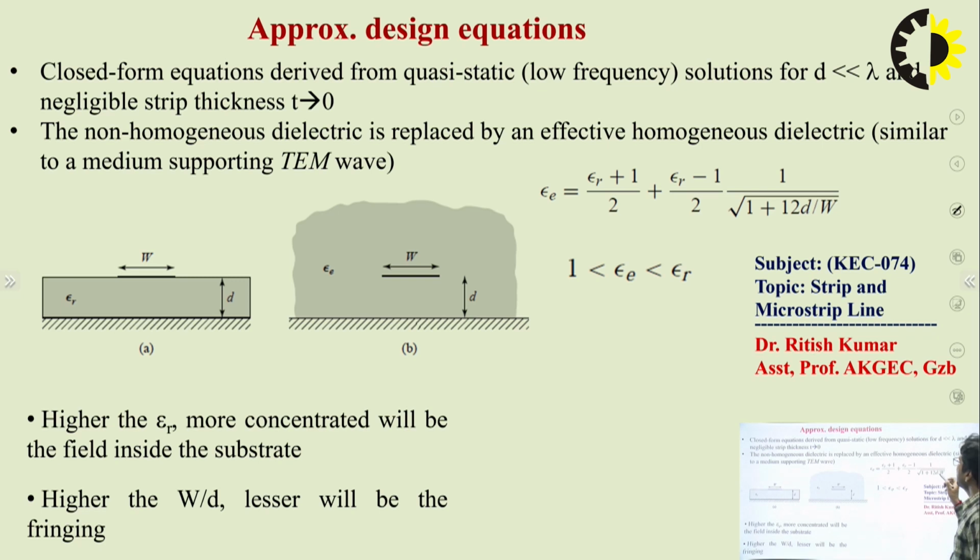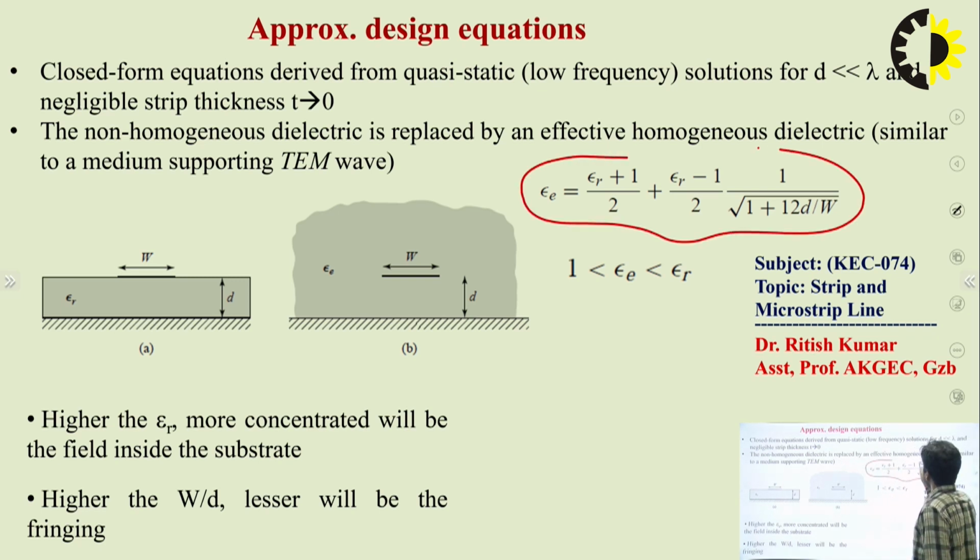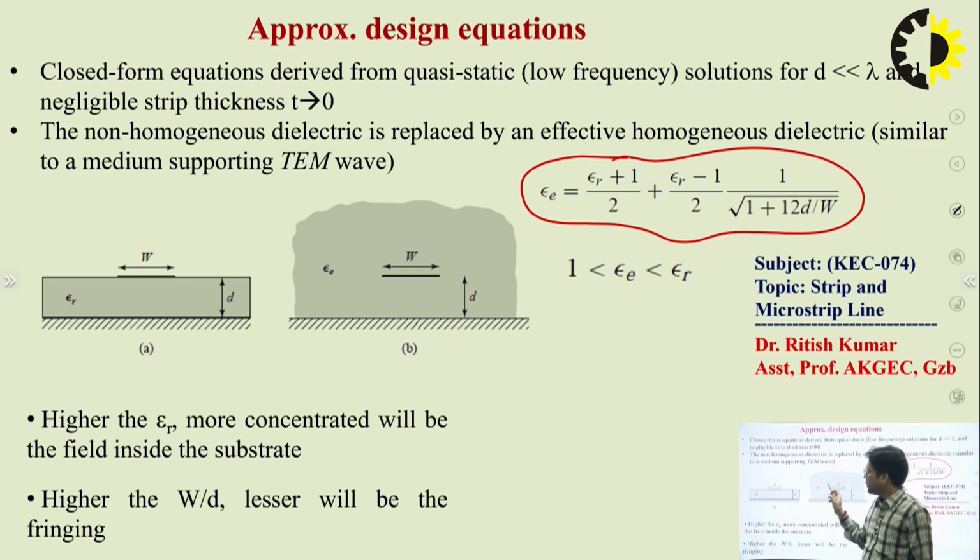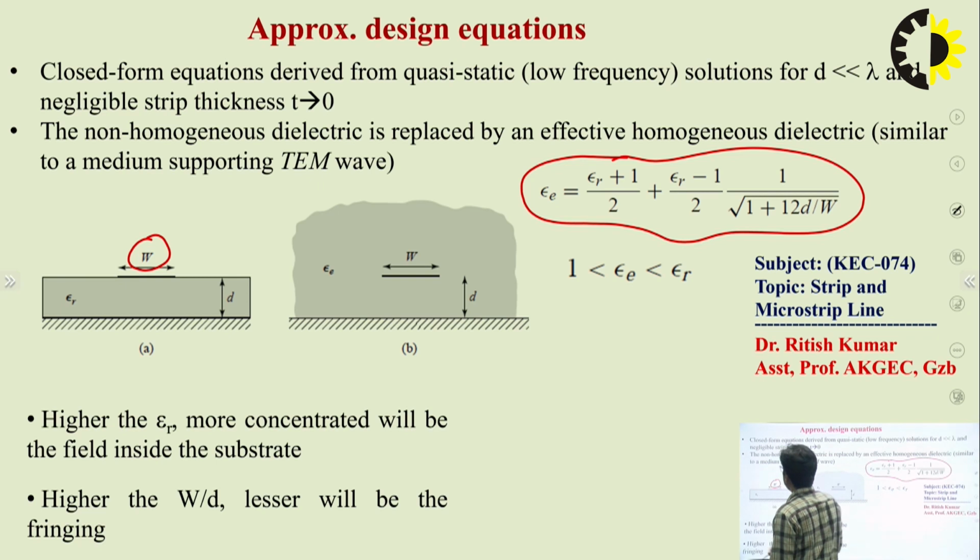So this one is the effective relative permittivity formula, which has certain parameters, that is W, D and epsilon, where W is the width of the microstrip line, while D is the thickness of the substrate and epsilon is the permittivity of the substrate.